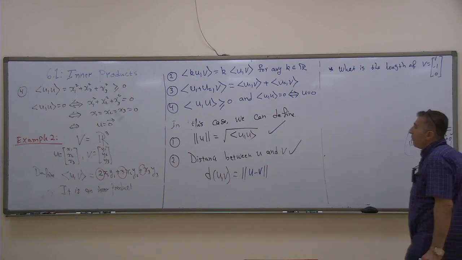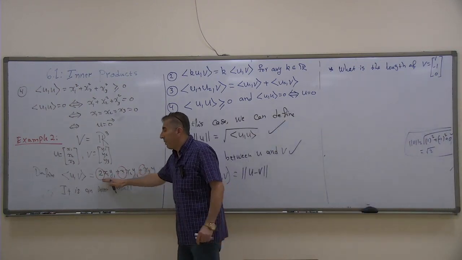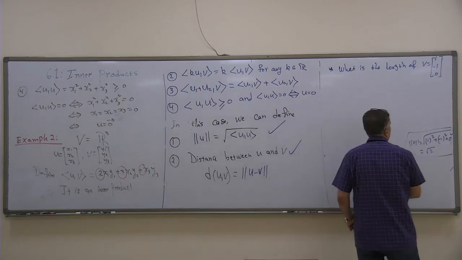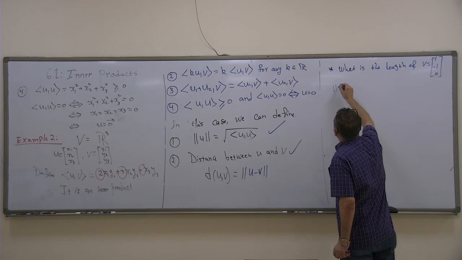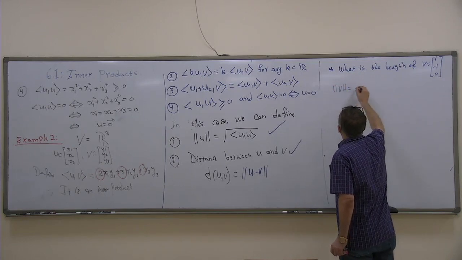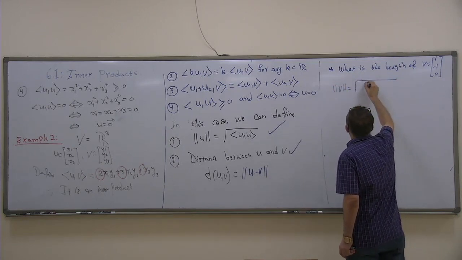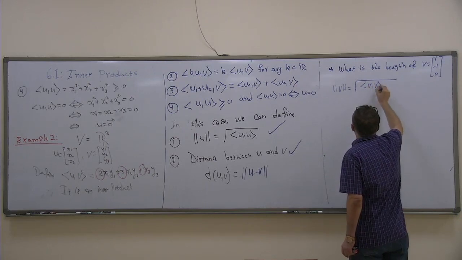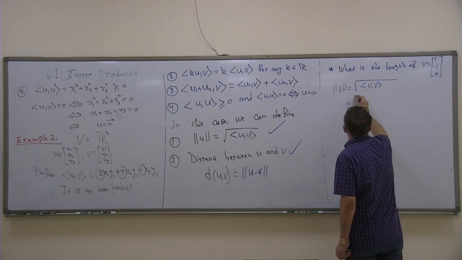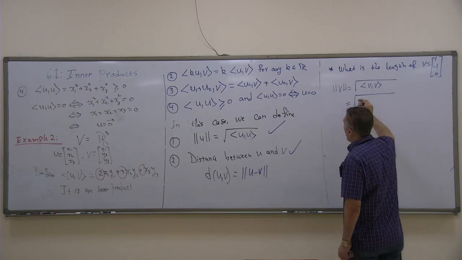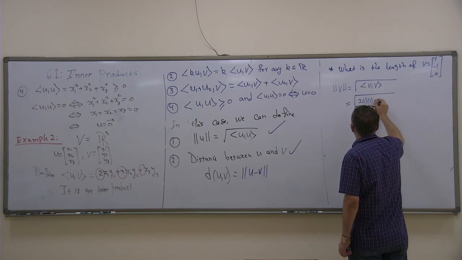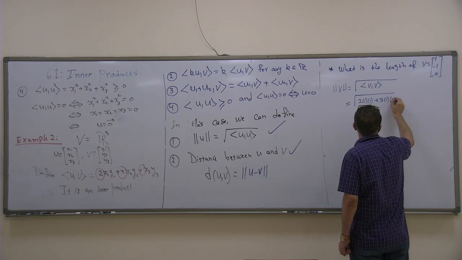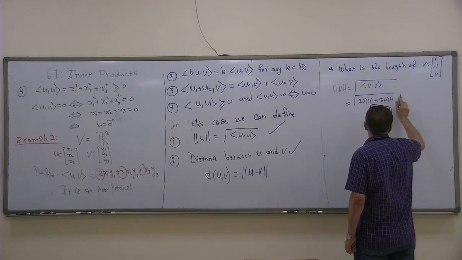What happens if we do it under the weighted inner product? We are going to get length of V equals square root of V together with V, and that is going to be square root of 2 times 1 plus 3 times 1 times -1, -1.